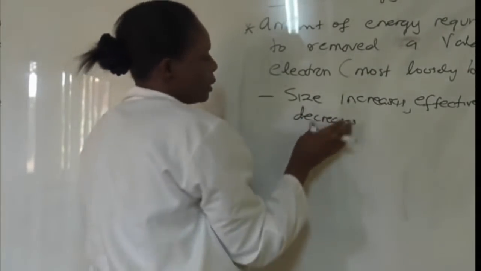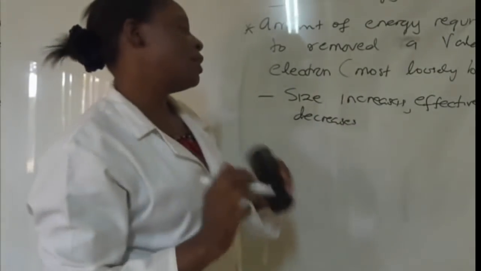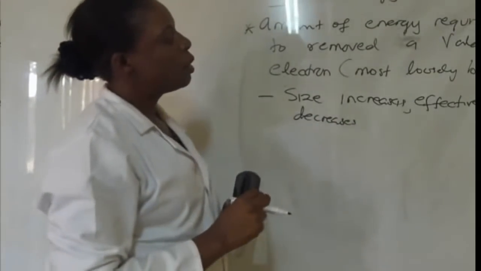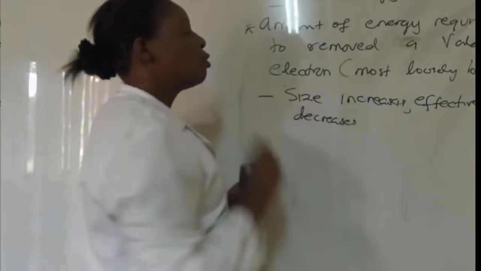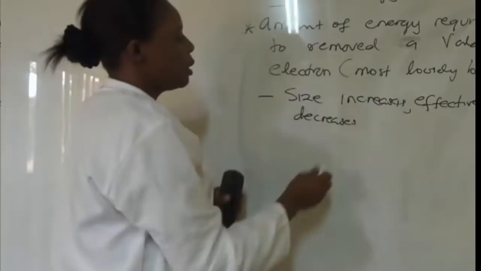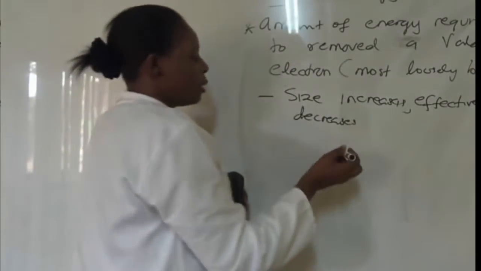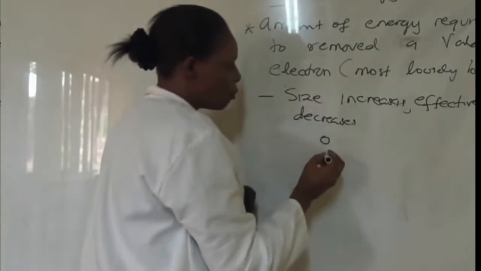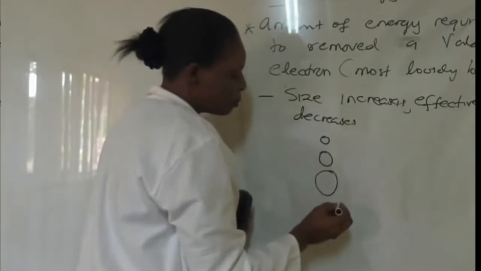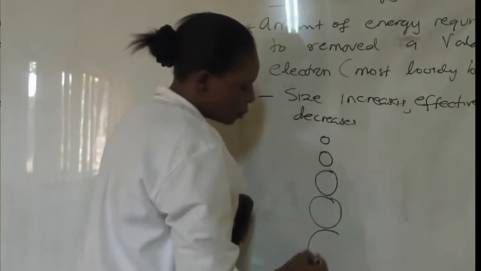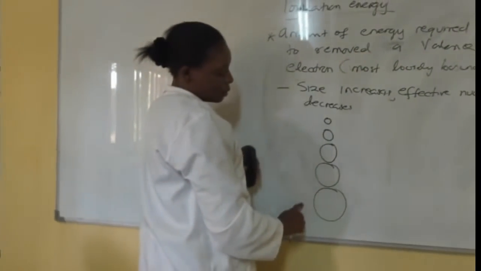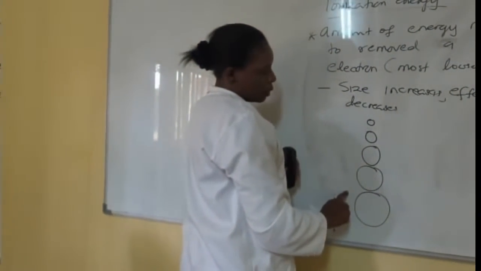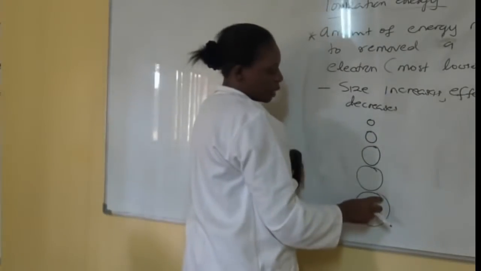So if the nuclear charge decreases, it means you don't need high energy to remove this electron from the atom.